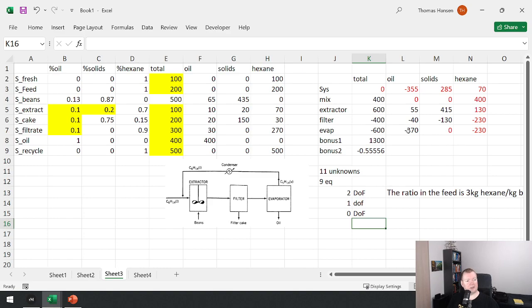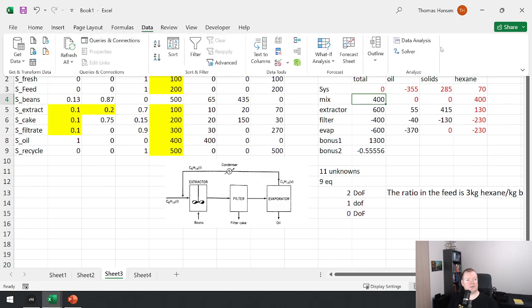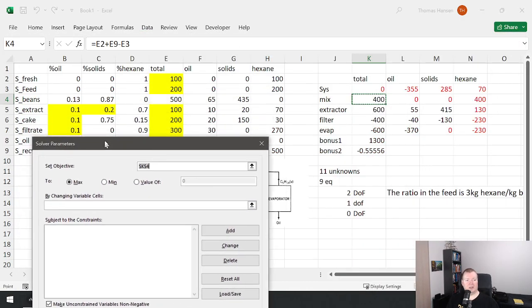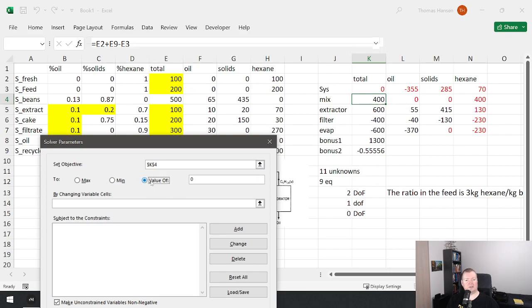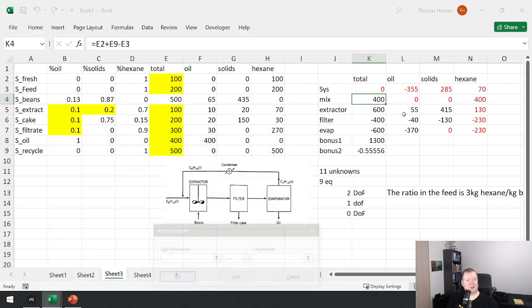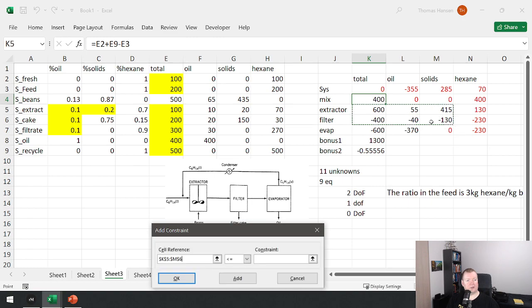And how am I going to do this easily? I am going to ask Solver to set all of those equations to a value of 0.